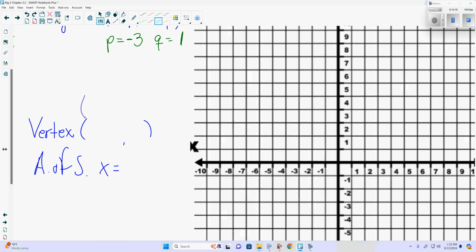Well, the vertex, the standard form or general equation for this is P plus Q over 2, comma F of P plus Q over 2. Axis of symmetry, x is equal to P plus Q over 2. And these are really the only 3 things we need to calculate for. Well, actually 2 things. Because we need to find out what P plus Q over 2 is, and F of P plus Q over 2.